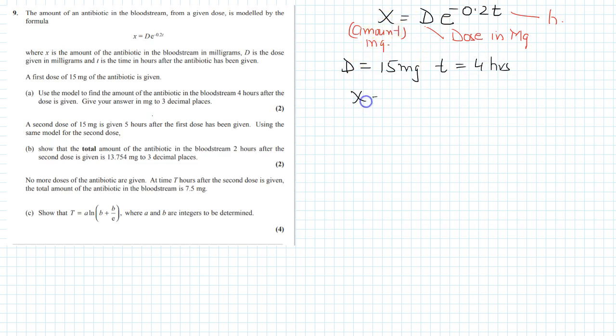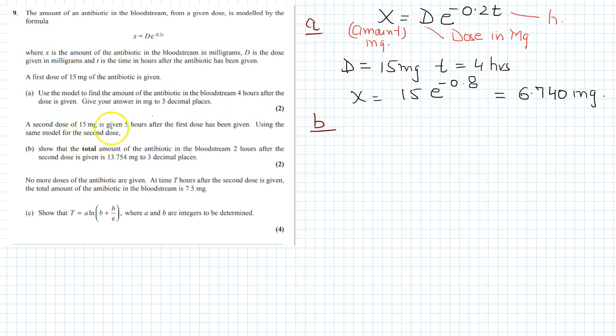So x will be 15 e to the power minus 0.8. So that will be equal to 6.740 milligrams. This was part A. Now part B.